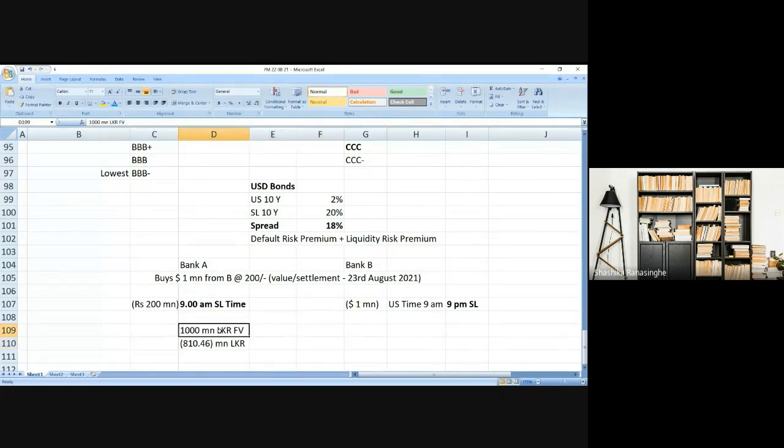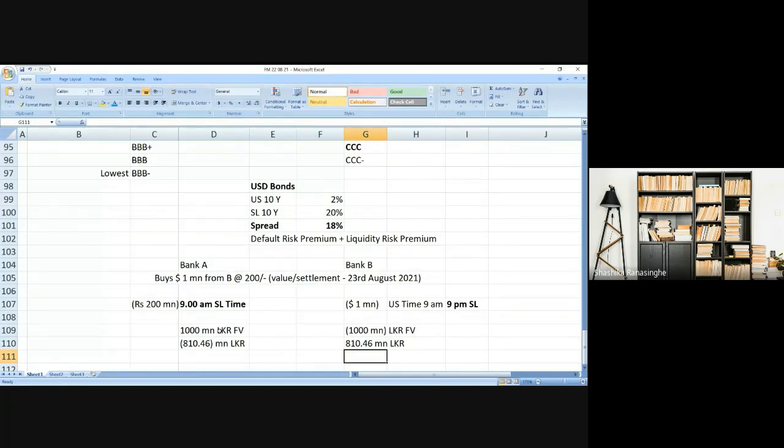So A should pay 810 million to B, and B should deliver a bond of 1,000 million face value to A, and they will receive 810.46 million rupees from A.